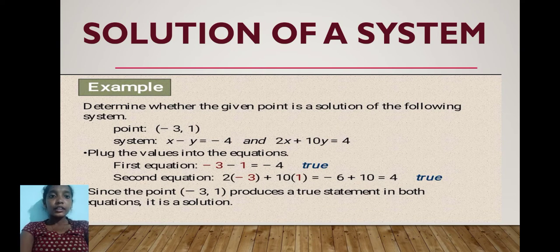The second equation is 2(-3) + 10(1) = -6 + 10 = 4. Hence the second equation is also a true equation. Since the point (-3, 1) produces a true statement in both the equations, it is a solution of a system.